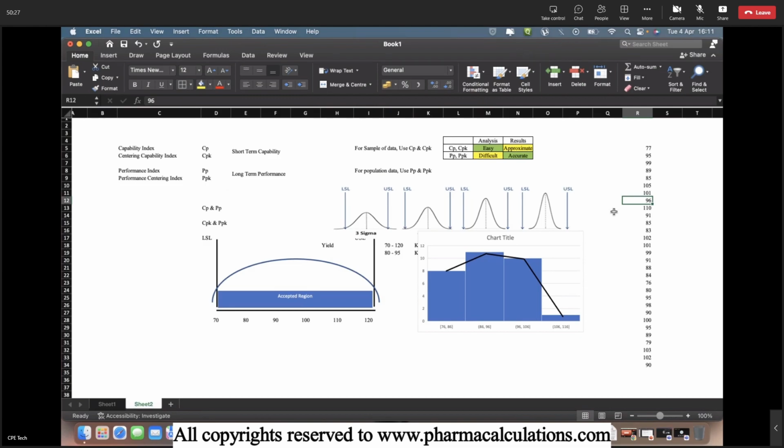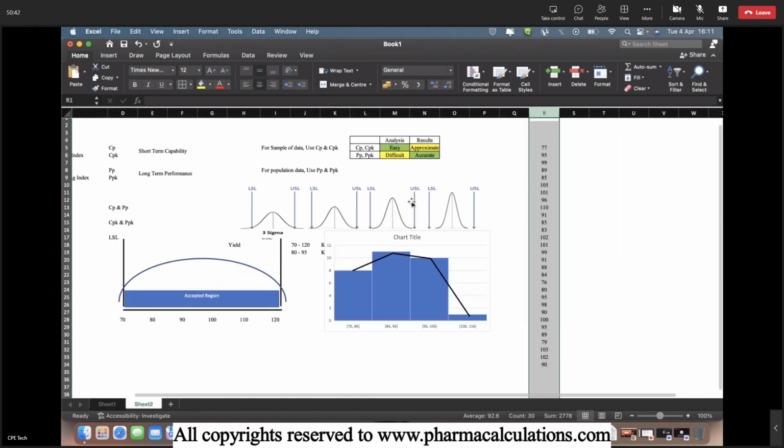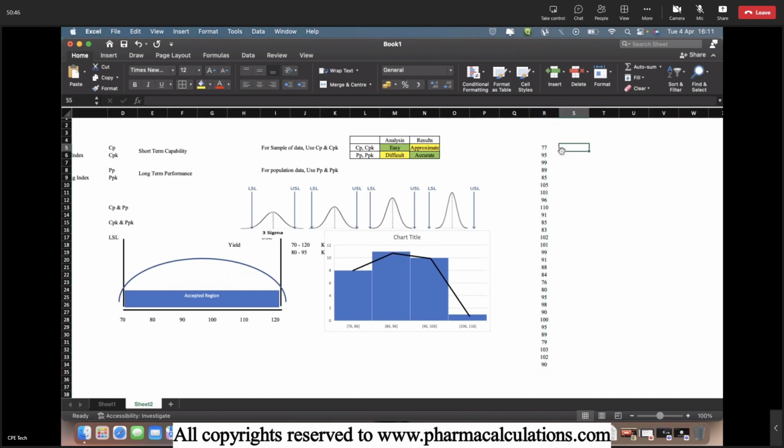And let's do one thing. Here we have some sample data, and depending upon this sample data, we'll analyze CP-CPK and PP-PPK, and depending upon the results, we can comment on the process. I'll be taking the specification limits. Let's say this is the yield data.